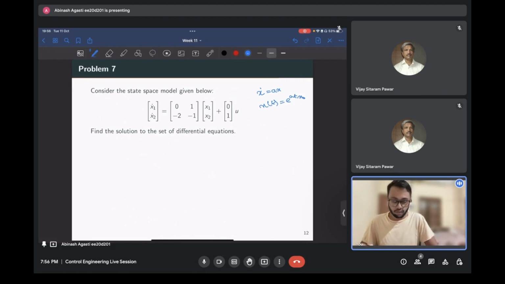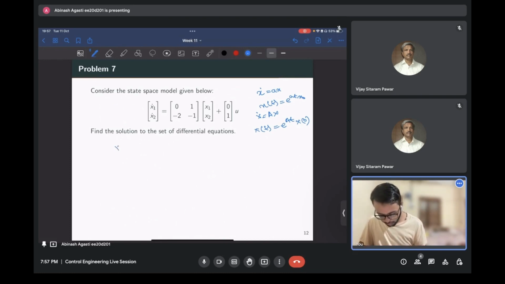But what happens when it is some matrix? Then also it turns out, thankfully for us, this is e to the power At x naught. But things become a little more difficult. We have some integrals and stuff when the u control term comes in.